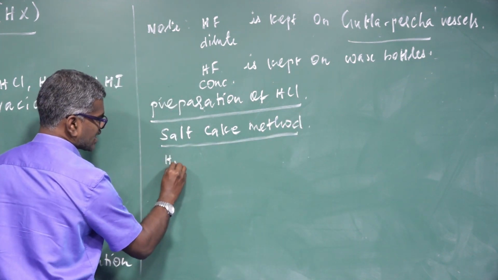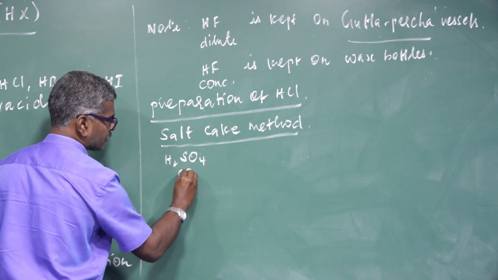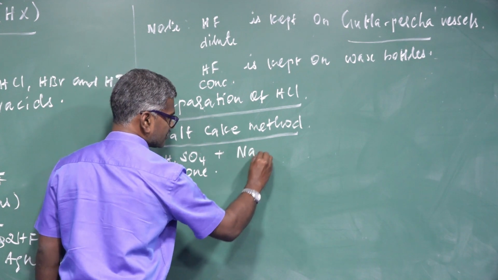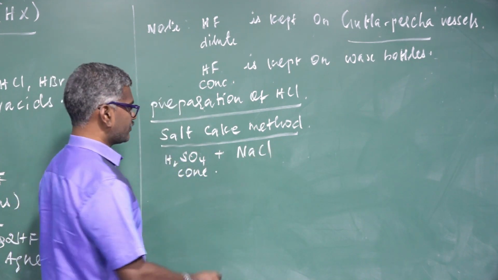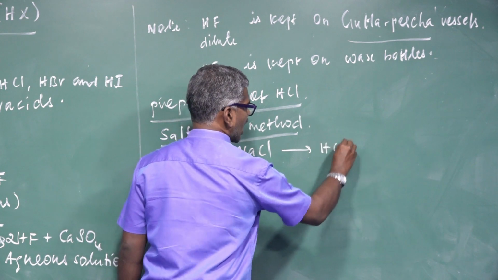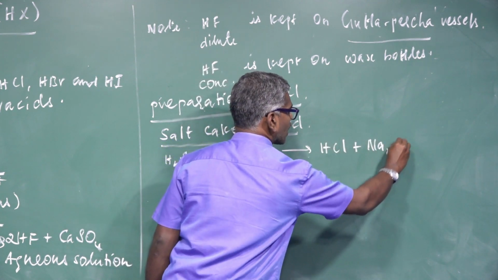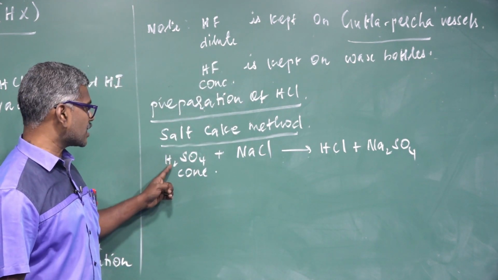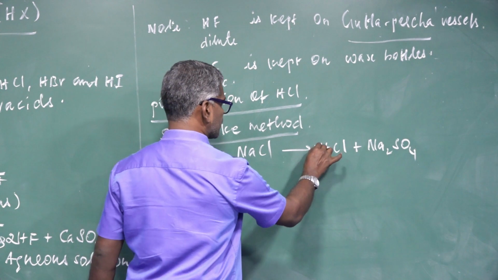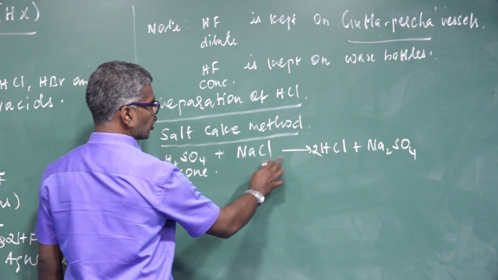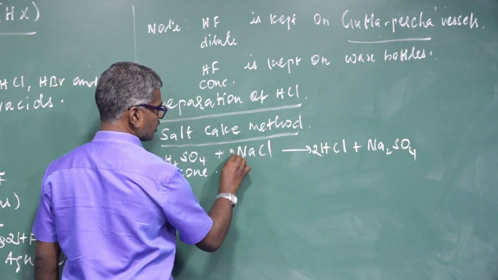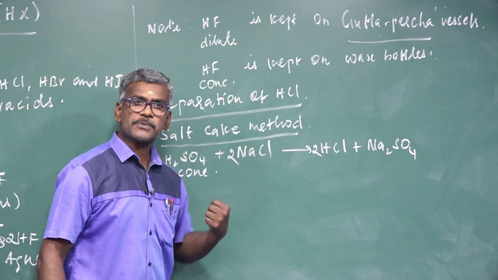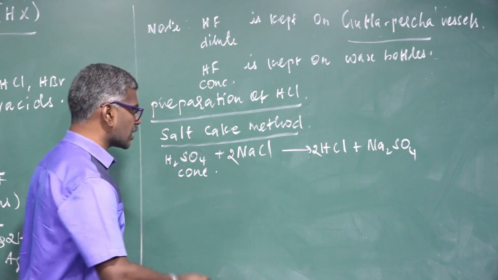Here, concentrated sulfuric acid reacts with rock salt, that is sodium chloride, forming HCl and sodium sulfate. Balance the equation: common hydrogen, 2 hydrogen, here 1 hydrogen 2 times. Common chlorine, here 2 chlorine, here 1 is 2 times. 2 sodium, 1 sulfate. Here, heat is absorbed. This reaction is known as an endothermic reaction.